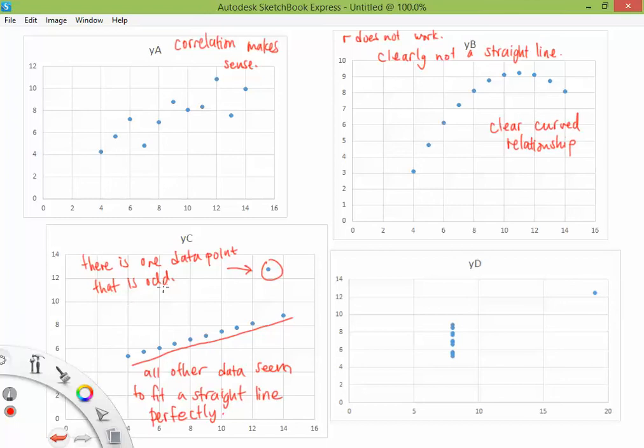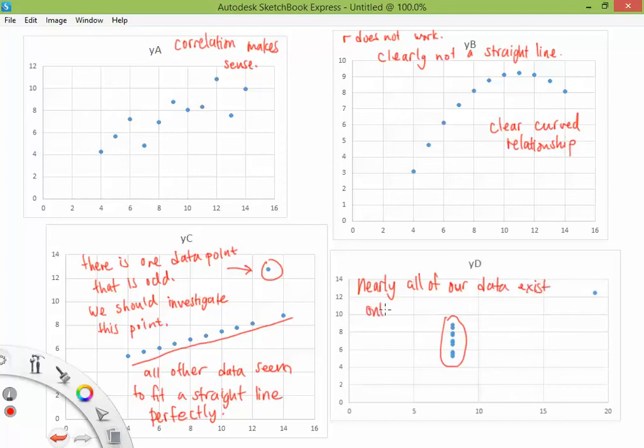We should investigate this odd point and not just go ahead. Sometimes you make scatter plots and then you see strange things like this, okay? And here, nearly all of our data exist only when x equals 8, okay?